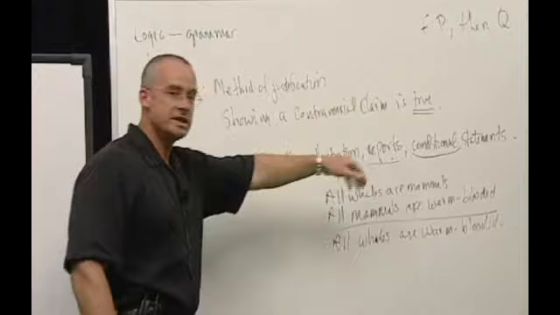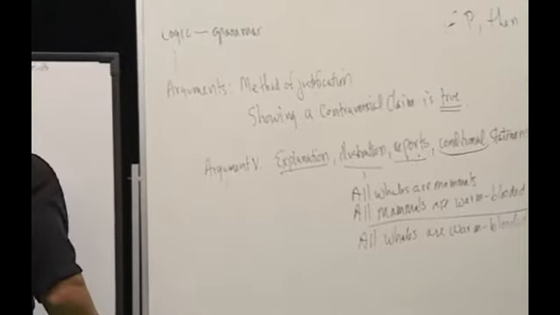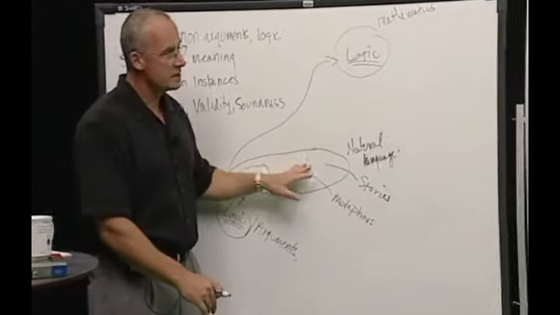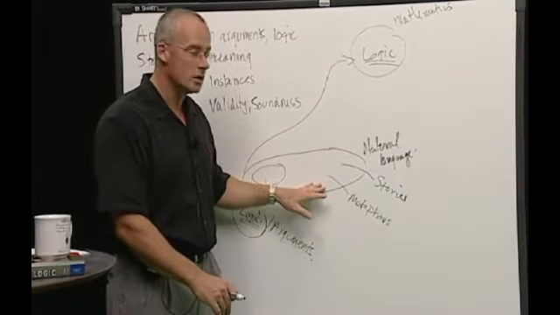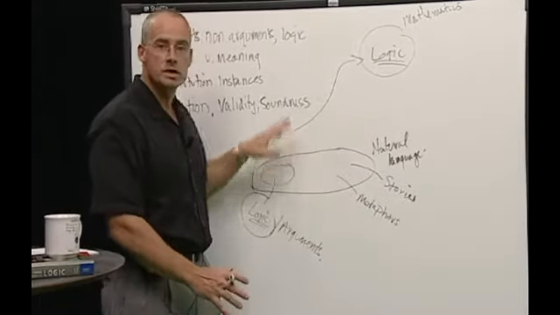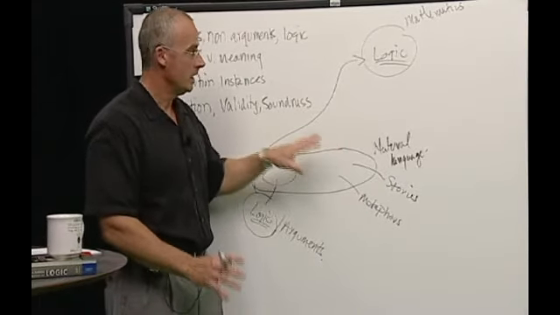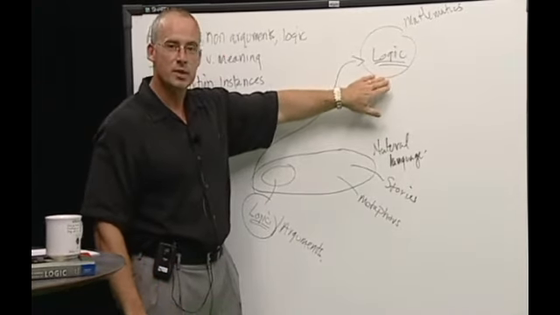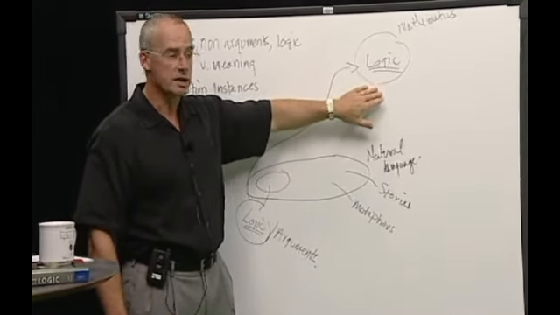All right. Each of these pieces, if we can move over to the other board for a minute, each of these pieces, explanation, illustration, reports, conditional statements, along with a lot of other stuff, are part of this natural language framework that we live in and we work in. Our focus, again, is on the grammar of this method of justification, or logic. All right?